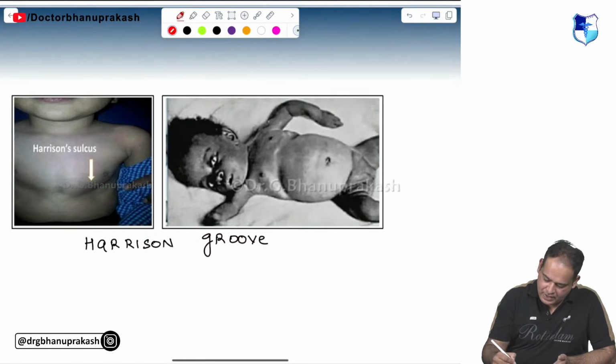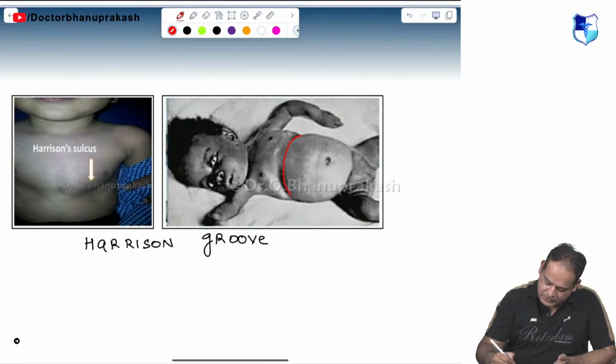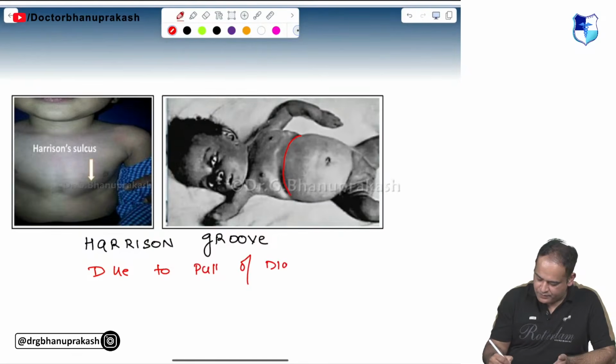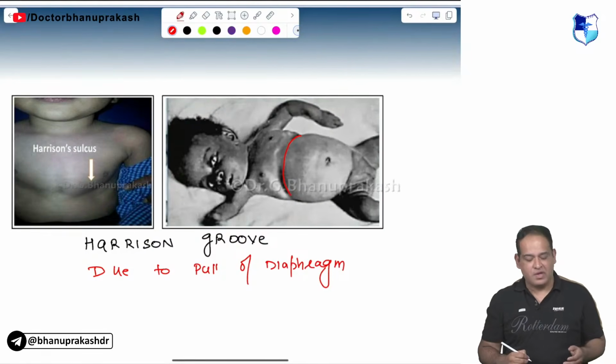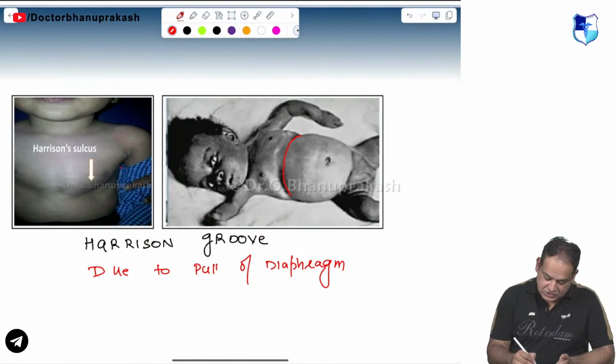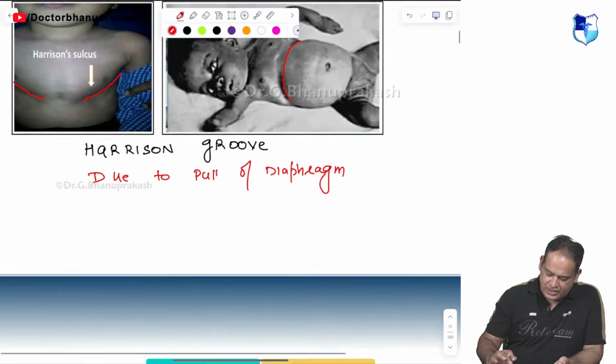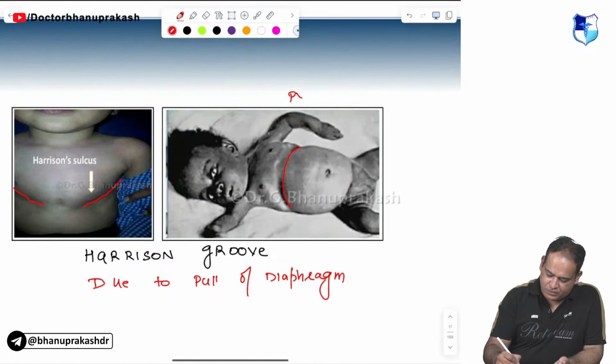See, now this develops due to the pull of the diaphragm. Right? So this is Harrison sulcus. This is usually asked as an image-based question.